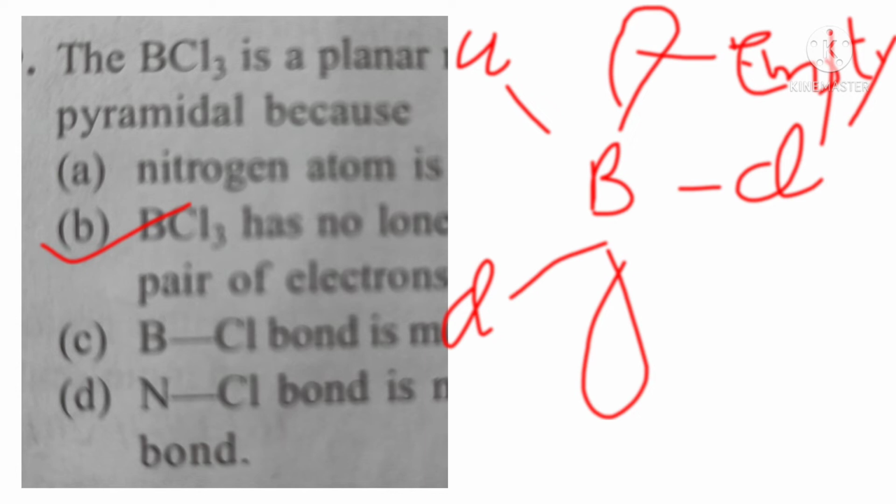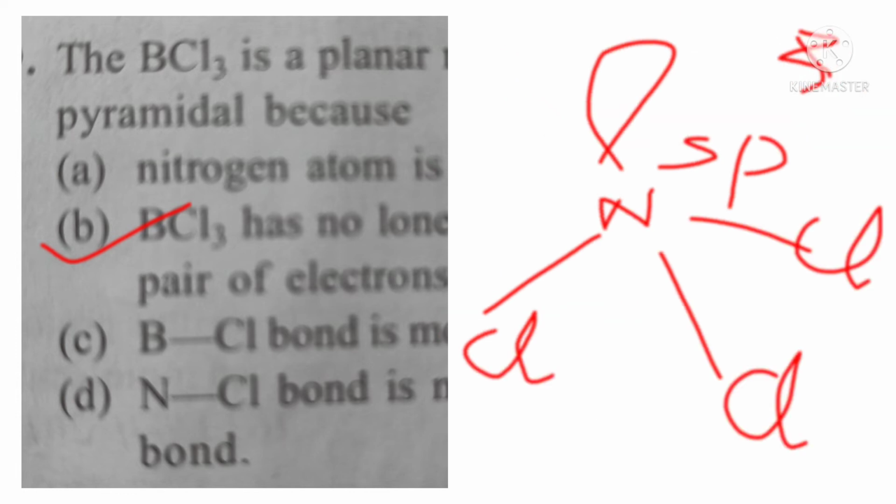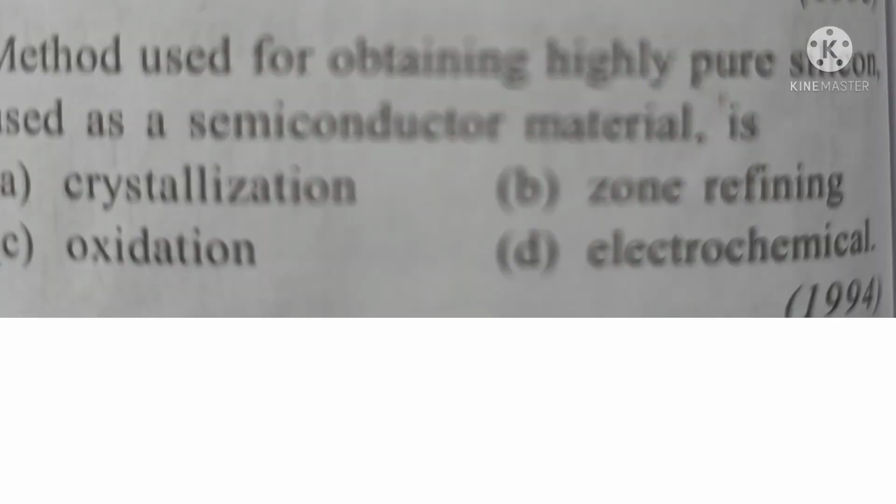So the structure is restricted to planar. Whereas in case of NCl3, because of the presence of a lone pair of electrons, nitrogen is sp3 hybridized with tetrahedral shape. Because one corner is occupied by the lone pair of electrons, the shape is reduced to pyramidal. So NCl3 is pyramidal.